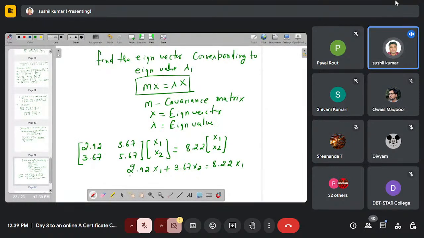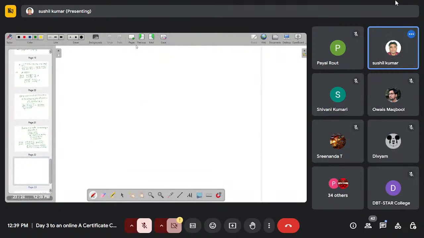From the second you will get 3.67 x1 plus 5.67 x2, which equals 8.22 x2. On simplification, these equations give you 5.3 x1 is equal to 3.67 x2, and 3.67 x1 is equal to 2.55 x2.